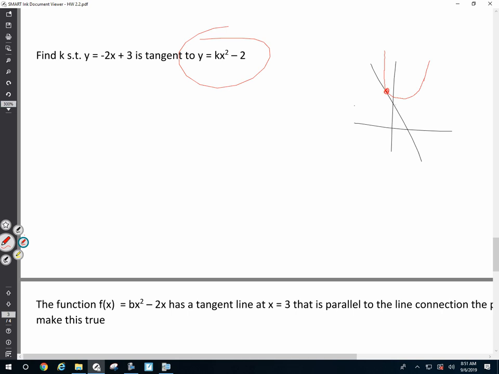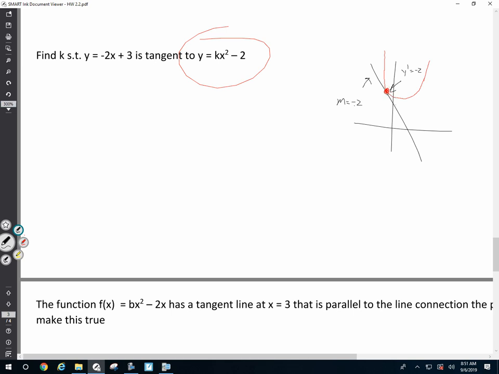Well, for this to occur, two things need to happen. First, the slope of this line has to equal the slope of the tangent to this function at the point. Okay, so that's one thing.